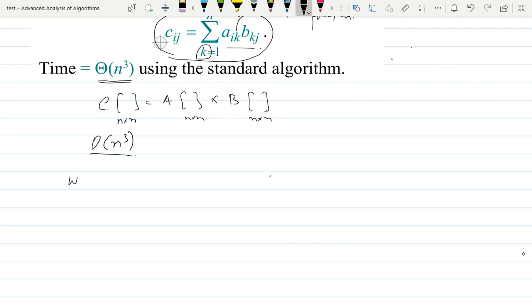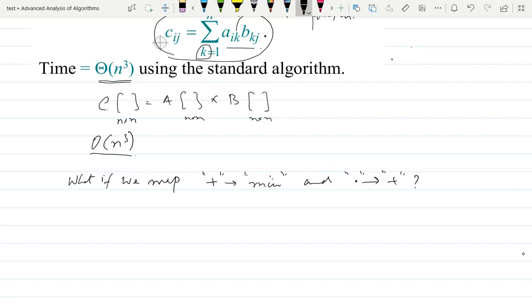What if we map the plus to min and the multiplication to plus? What will happen?